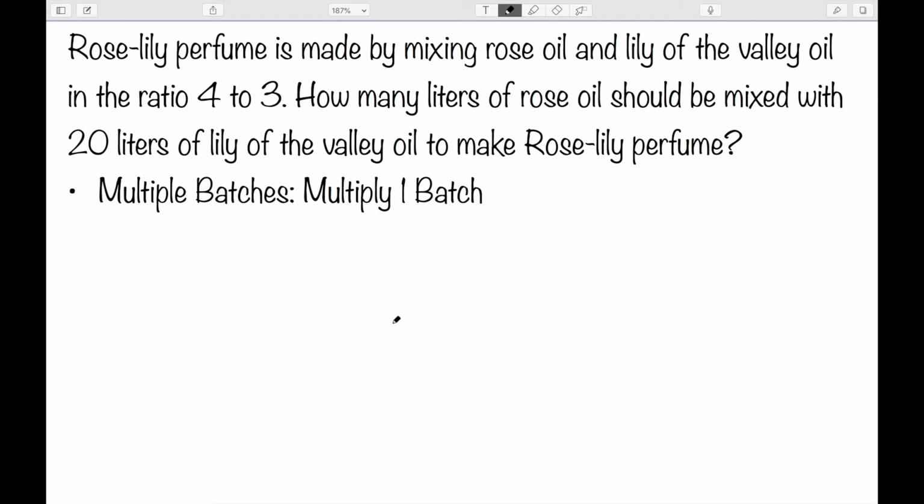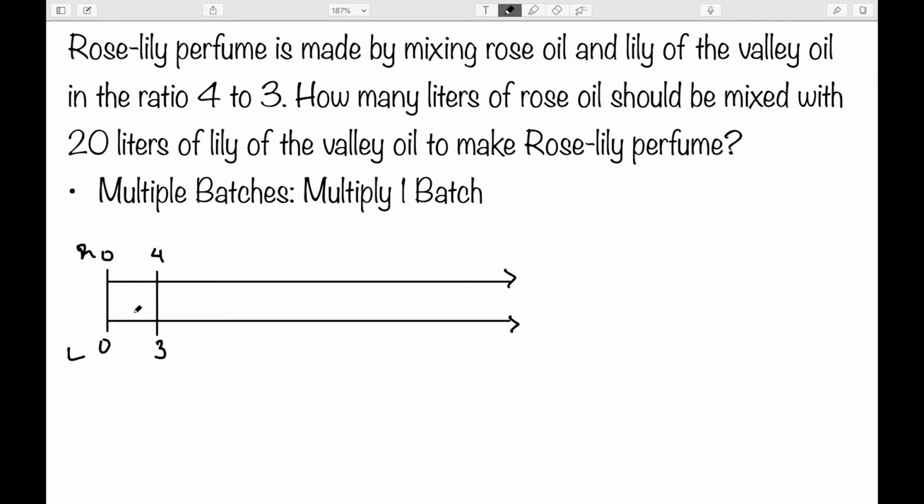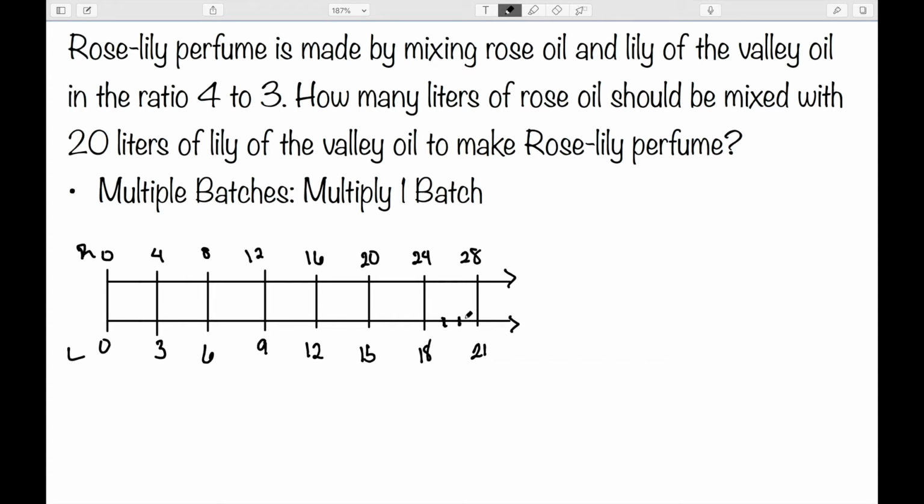Next, let's look at the multiple batches perspective. This time I'm going to use a double number line to represent it. We start at 0. We know our ratio is 4:3, and we continue on until we get to 20 on the denominator. If we spread our number line out evenly, we don't get exactly 20, so we can break it up. To get to 20 needs 1, 2, 3, 4, 5, 6, and then 2/3.